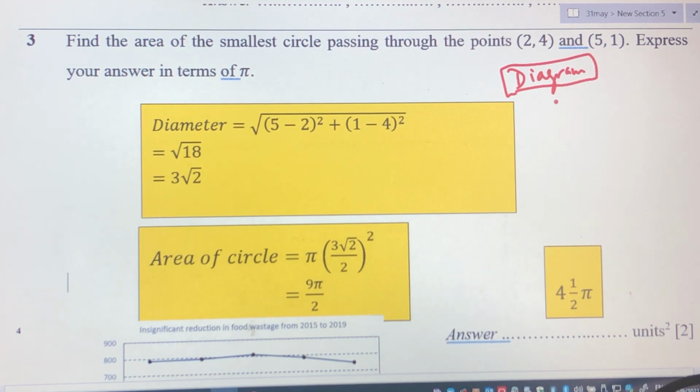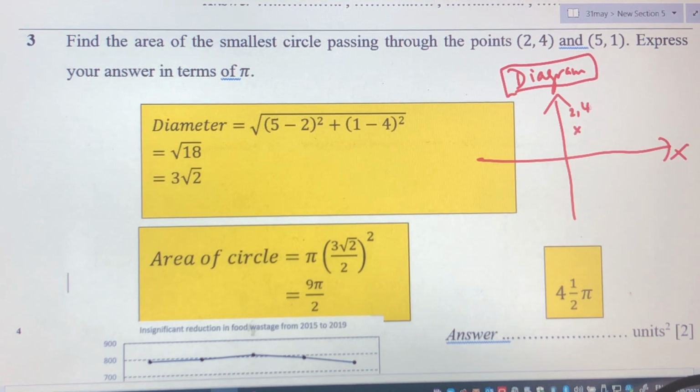Okay, so if you were to do it right, because this is so-called a circle, right? So you just label 2, 4. 2, 4 is somewhere here. Write the coordinates down. 5 is more to the right. 1 is somewhere lower than this 4, right? So this is 5, 1.